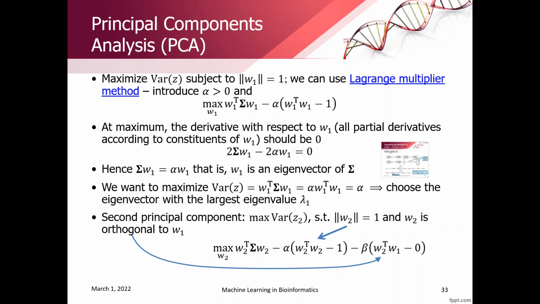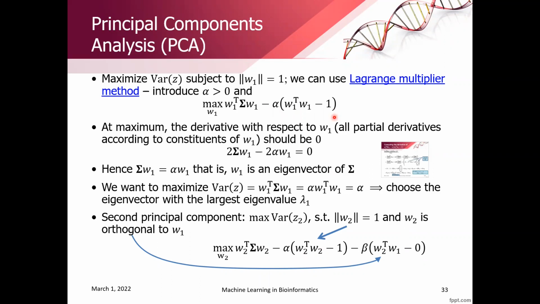So we would like to obtain a second vector W sub 2 with a norm equal to 1, such that the transformation, W sub 2 transpose times the covariance matrix times W sub 2, is maximized. The condition is that the norm of the new vector should be 1. So this was used here. Again, we use the Lagrange multiplier method.